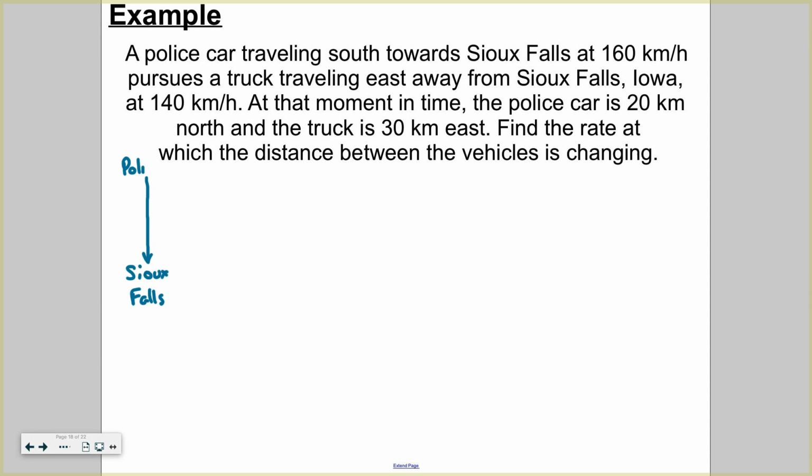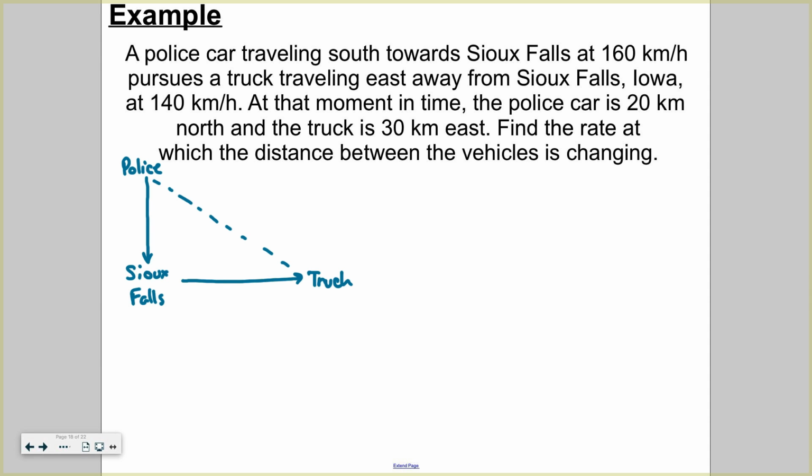And then police car. And then a truck traveling east, traveling away from Sussex Falls. And for some reason I wrote trick. So the truck is going east, away from Sussex Falls. And we want to figure out how fast the distance in between them is changing.